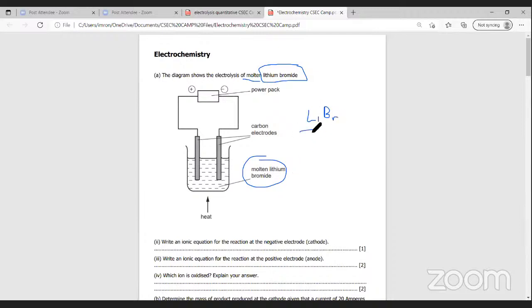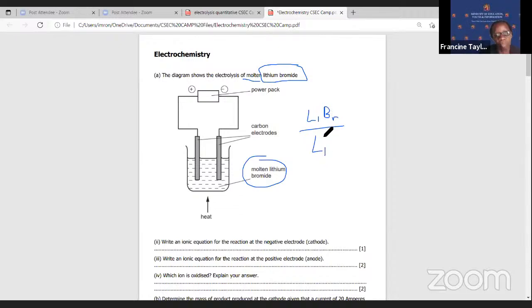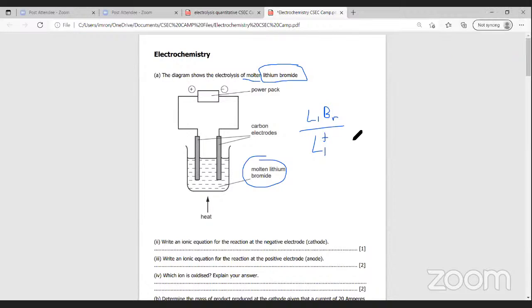LiBr is a binary ionic salt, just two elements. So lithium bromide will give you lithium ions, Li plus, because it's in group 1, and Br minus ions, because bromine is in group 7. The cations go to the cathode.